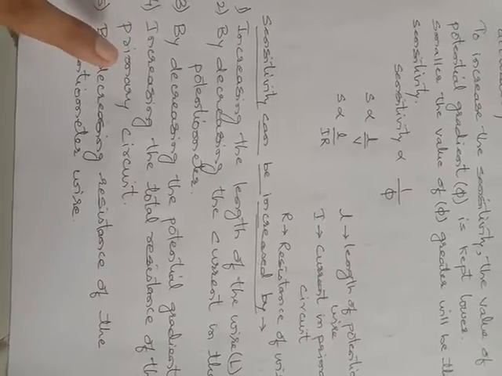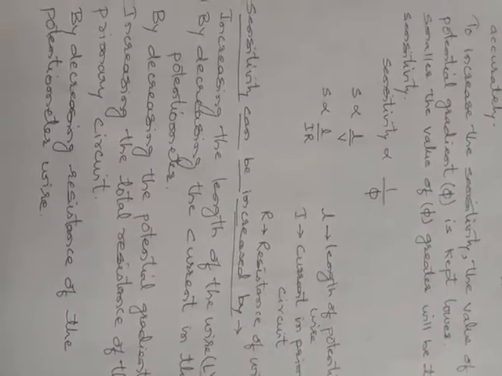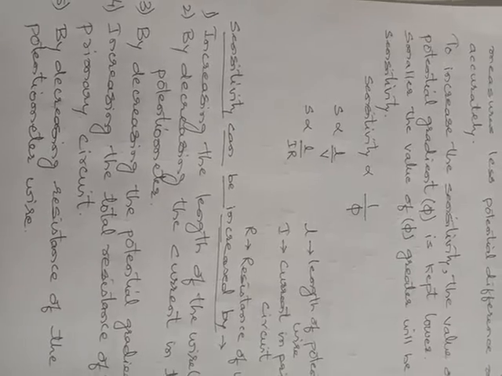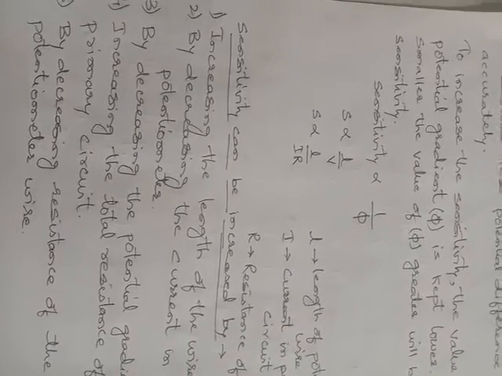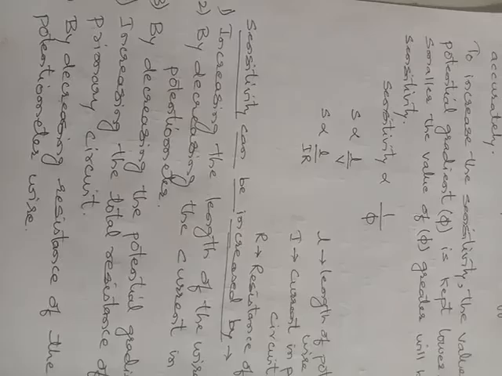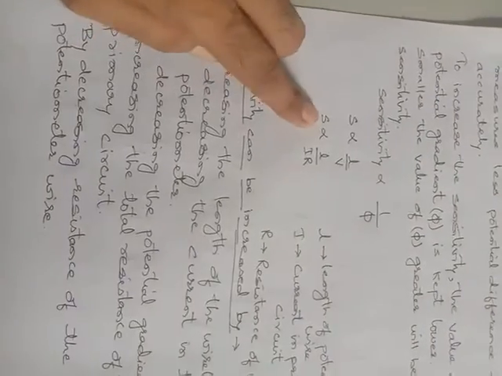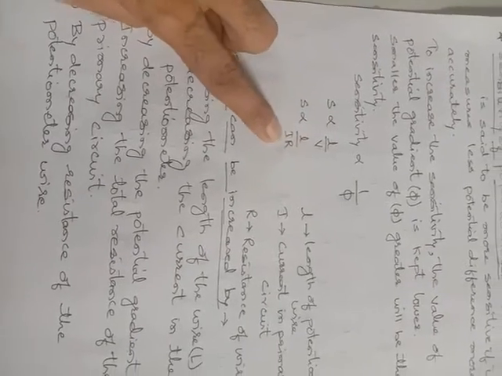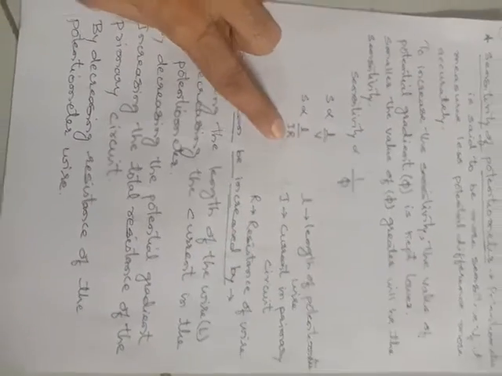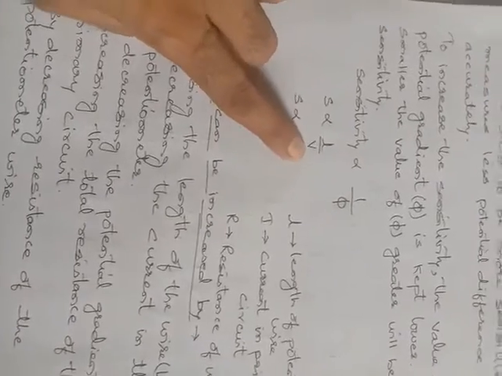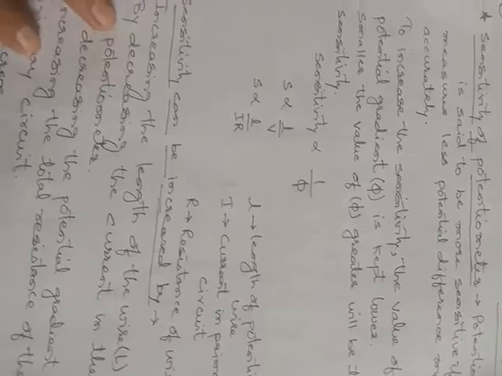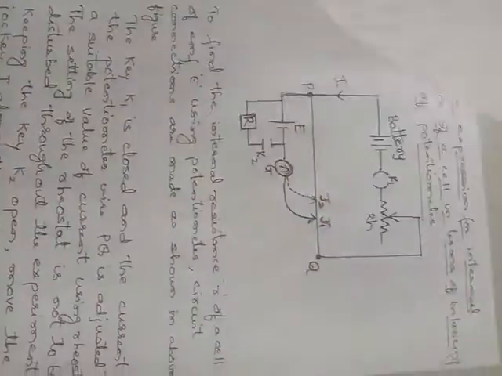Fourth, by increasing the total resistance of the primary circuit, and by decreasing the resistance of the potentiometer wire. Just now we saw S is proportional to L by IR. If we decrease I and R and increase L, sensitivity will increase. तो समझ में आ गया? So we have seen the sensitivity of the potentiometer and how to increase it. These two things we have seen.